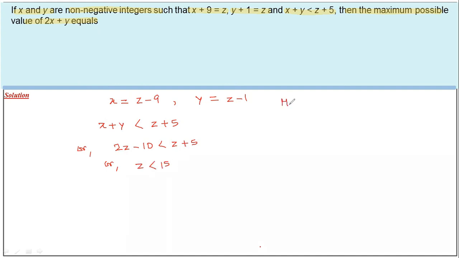Since we have to find out the max of 2x plus y, that means x and y should be as high as possible. So for that, z should be equal to 14, such that x becomes equal to 5 and y becomes equal to 13. So 2x plus y becomes 2 into 5 plus 13, that is equal to 23.